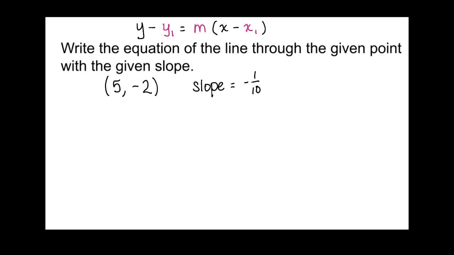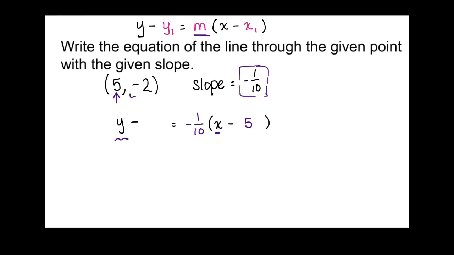So what you're going to do is start off with the shell like I just did, and then you can fill it in. So the slope goes here where m is located. From the x, you will subtract the x value of the point, which is the first one, so 5. And from the y, you will subtract the y value, which is -2.